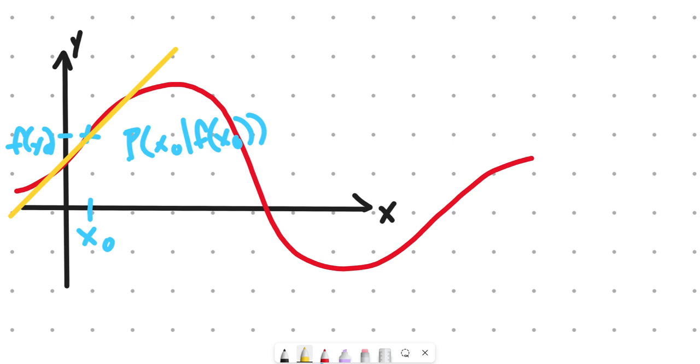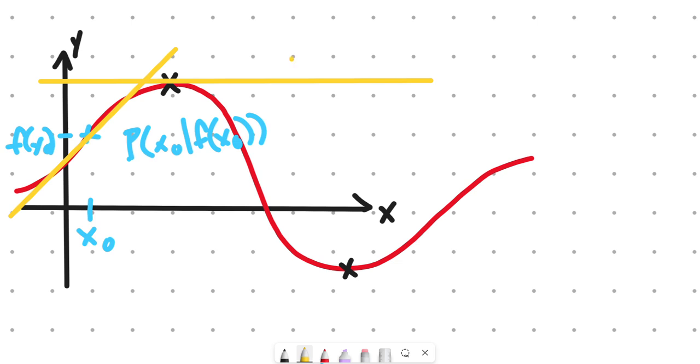But we can talk about the local ones. If we put a tangent line on those local points, we get a tangent line parallel to the x-axis, which means that the slope of the tangent line is equal to 0.